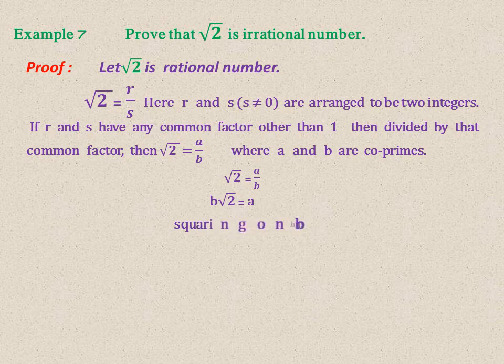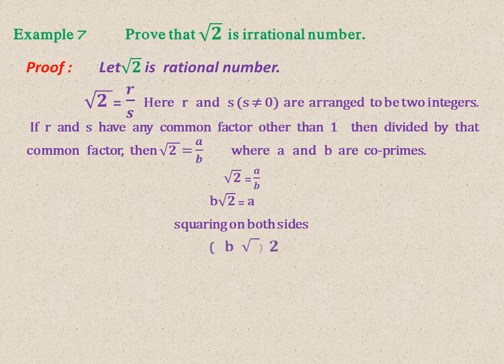So squaring on both sides, we get b root 2 whole square is equal to a square. Here the square is applied to b and root 2, so we write b square into 2 equal to a square.